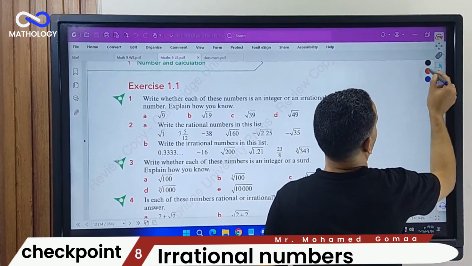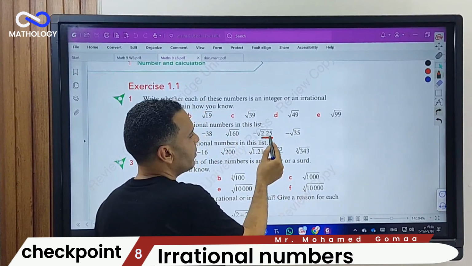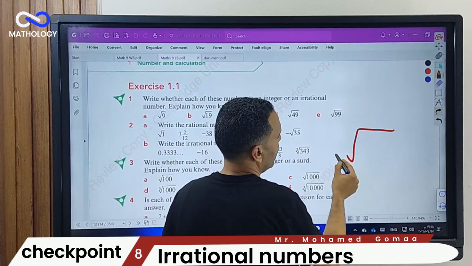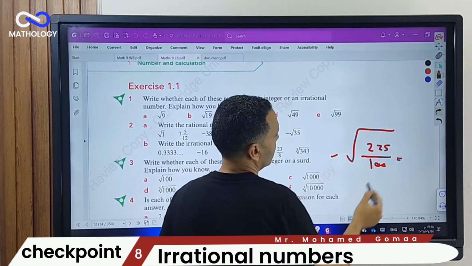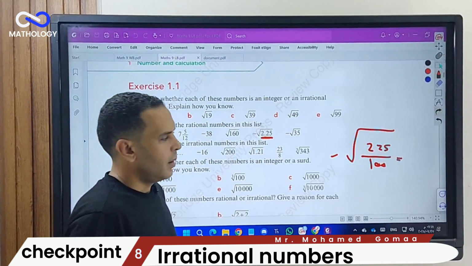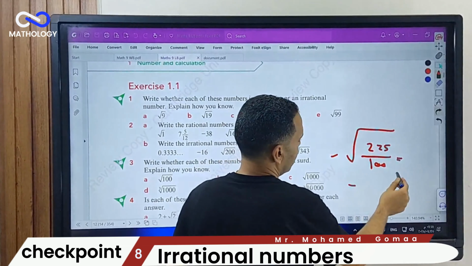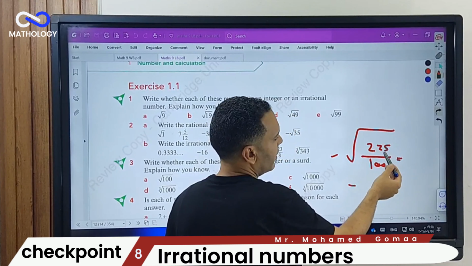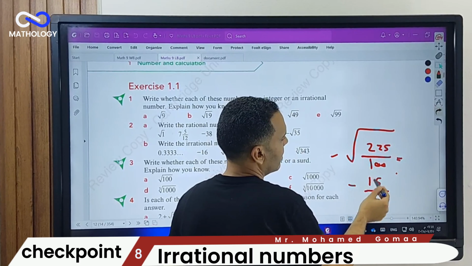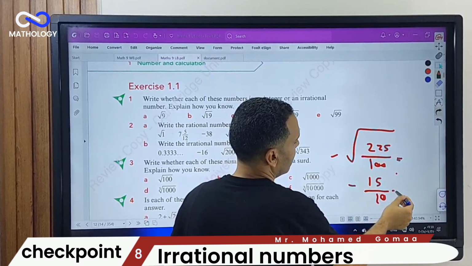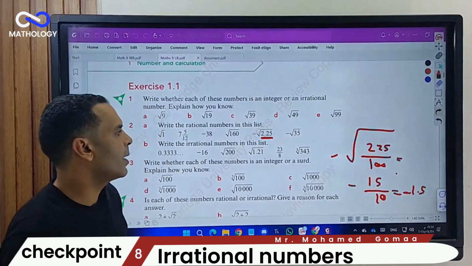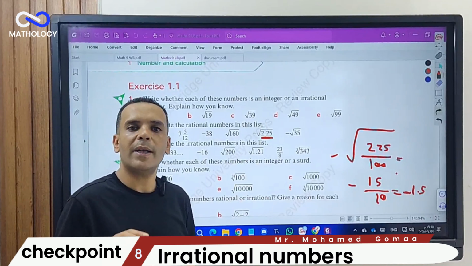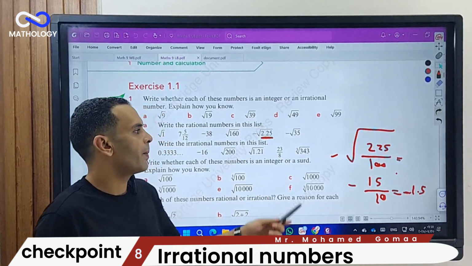Remember that 2.25 is the same as 225 over 100. Keep the negative, and the square root of 225 equals 15, the square root of 100 equals 10, so this number will be negative 1.5. So this number is a rational number.